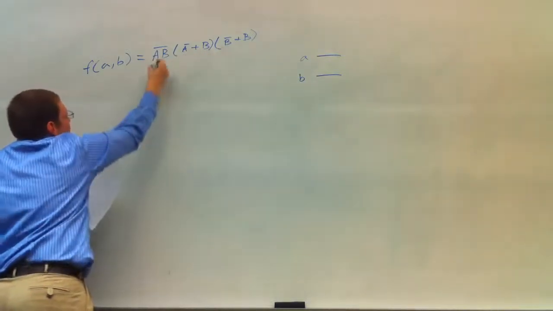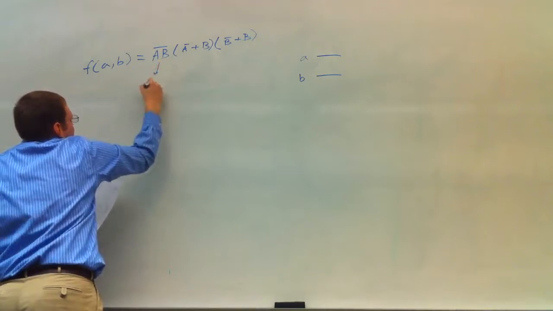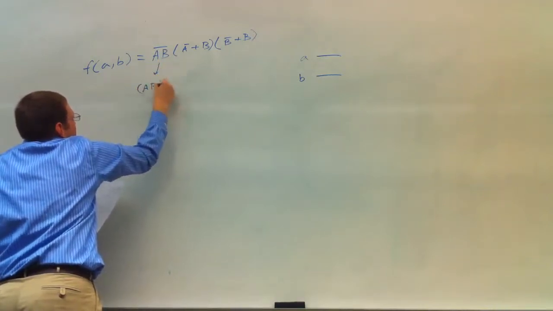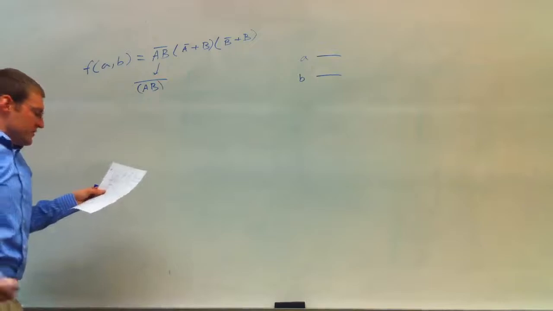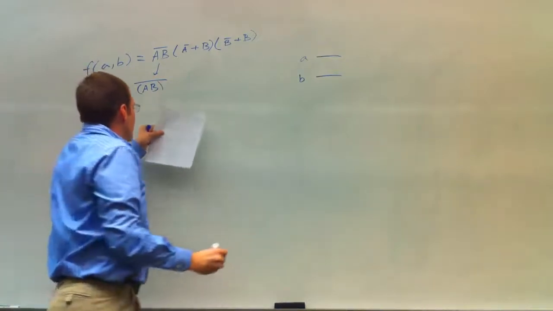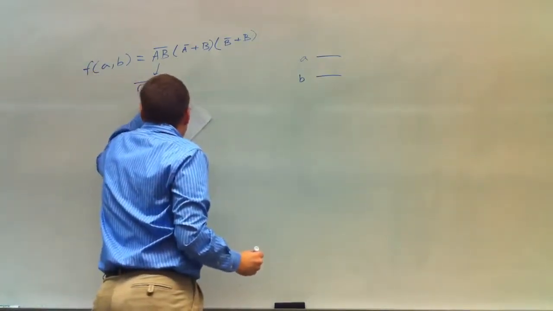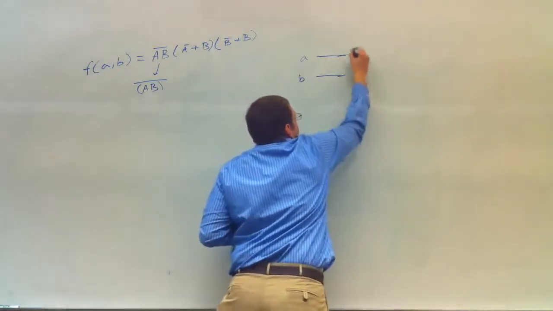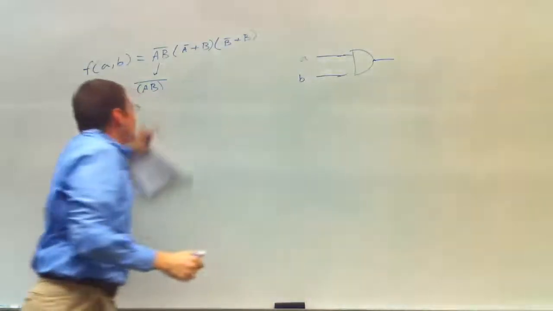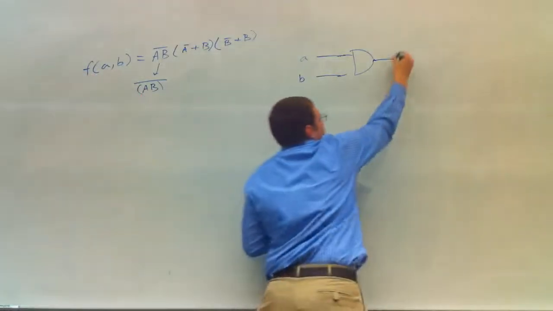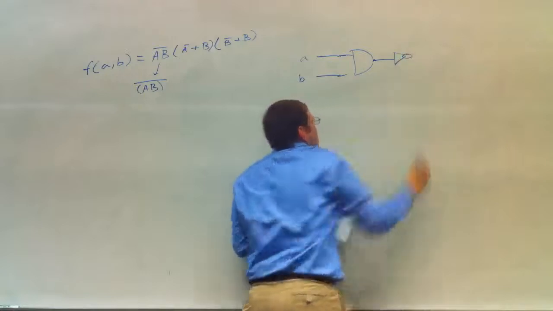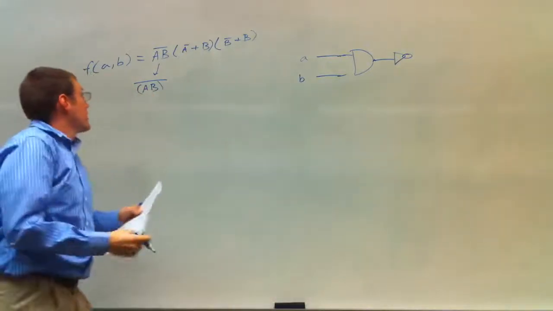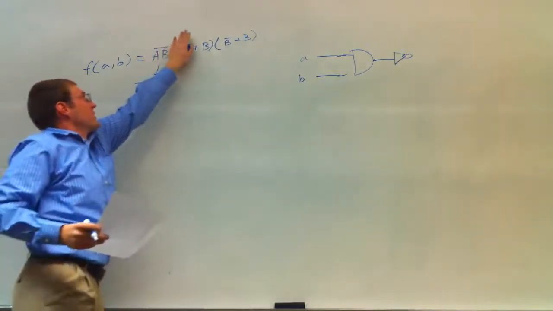So if you want to think of it as this right here is just A, B, and then you NOT that over. So we have A and with B, and I need to NOT it. So that's this part of the function.